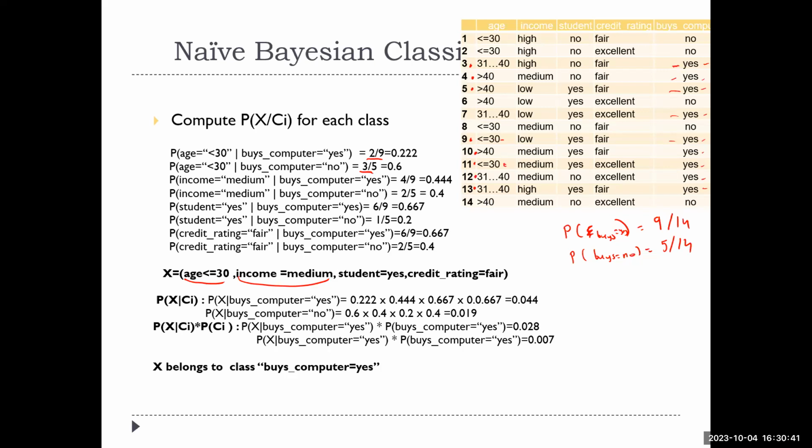Do the same thing for student yes, for each class. For yeses, I see 1 here, 2, 3, 4, 5. Have I made a mistake? Let's count one more time. 1, 2, 3, 4, 5. Have I made a mistake? Why do I have 6 here? Why should it be more like that?